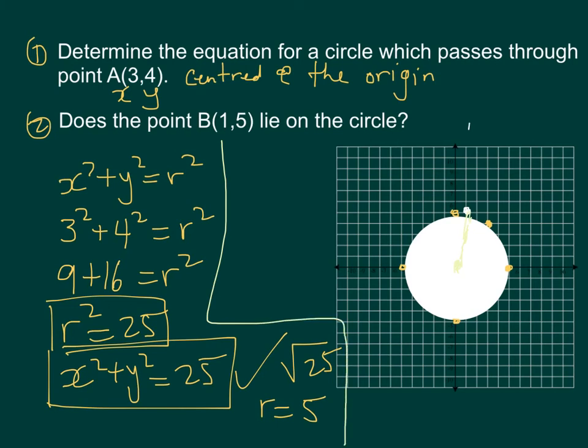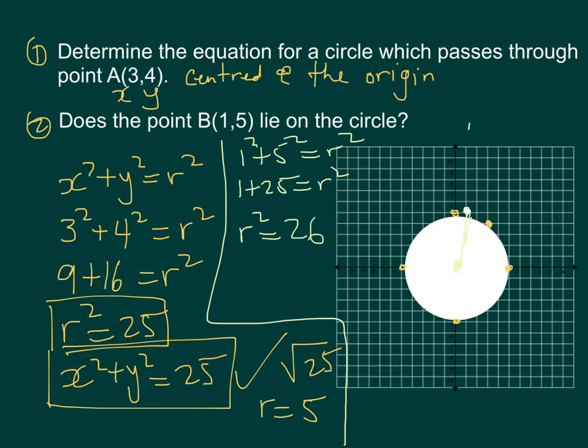All right. So I'm just going to plug in x squared plus y squared equals r squared. 1 squared plus 5 squared is equal to r squared. So we've got 1 plus 25 is equal to r squared, and r squared is equal to 26.